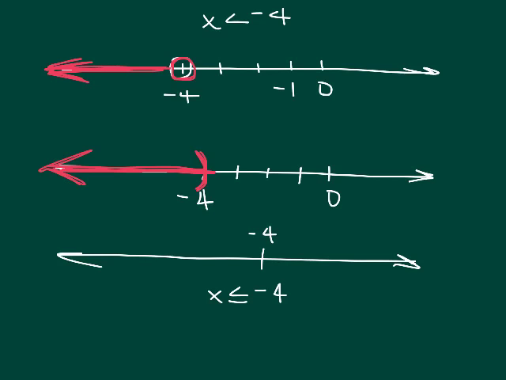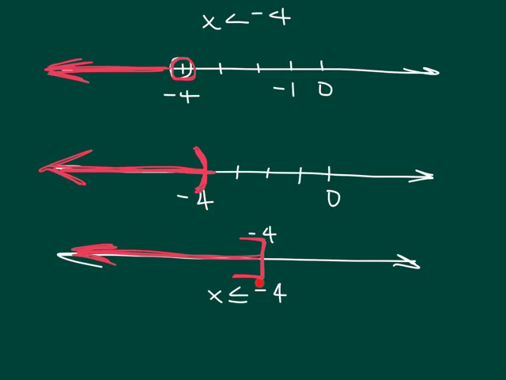But the new way is, instead of a parenthesis like this up here, we're going to make a box. Kind of a squared off. That means that we are including negative 4 with our answer. See, we have our less than or equal to sign.